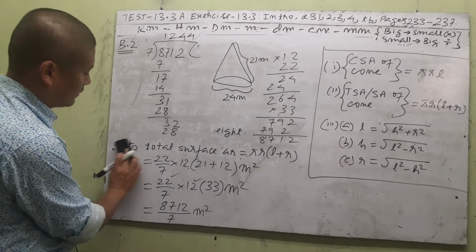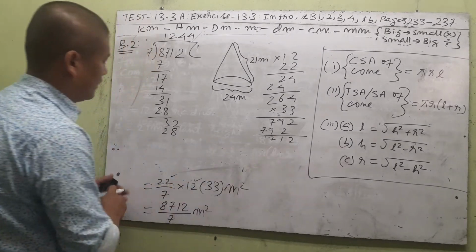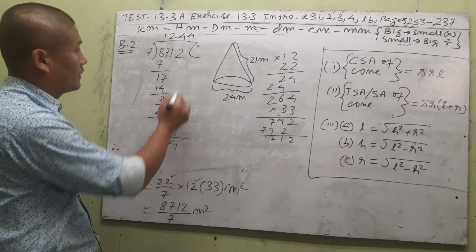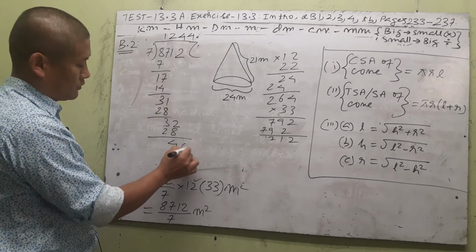Okay, so I think it's matching the book answer. So 28, 29, 30, 31, 32, 4 remainder this time. So no more digit means point, you can put 0 here.